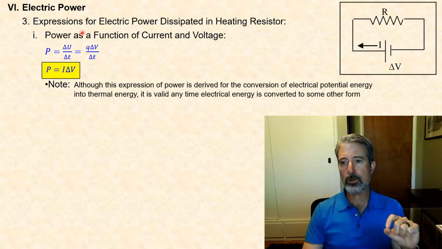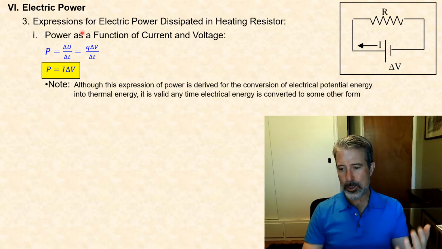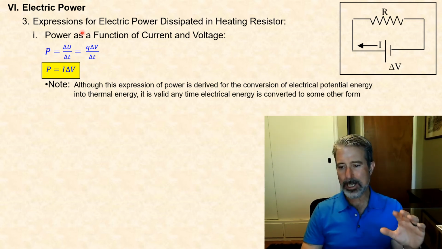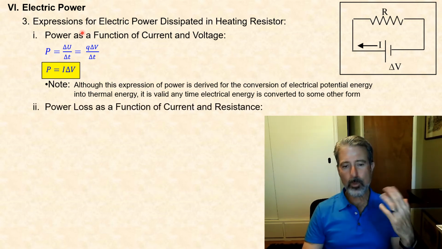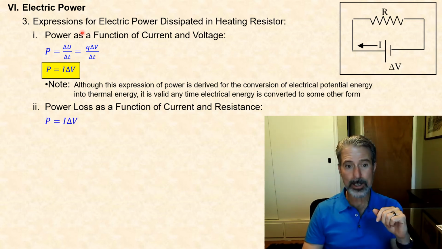Okay, so this is generally true for other circuits, whether it's a resistor there, or whether that source of electric potential difference is operating an electric motor, or whatever. We can now, using Ohm's law, write an expression for electric power in terms of current and resistance.